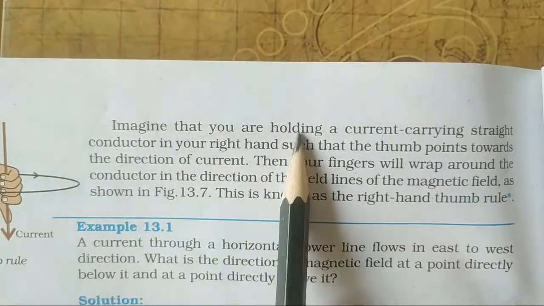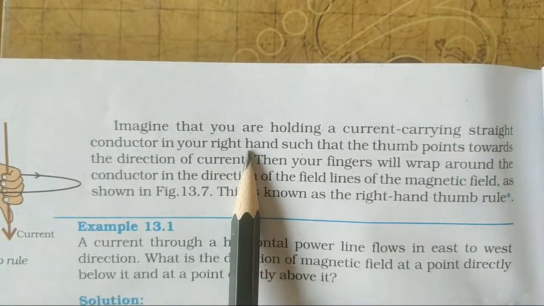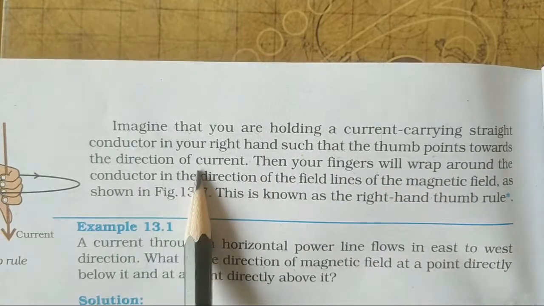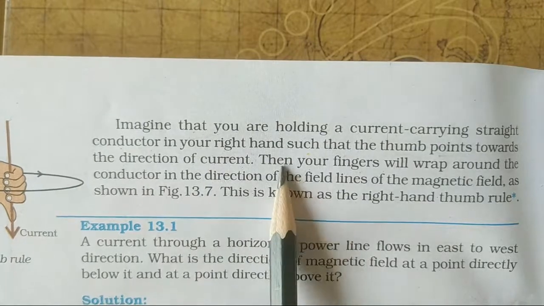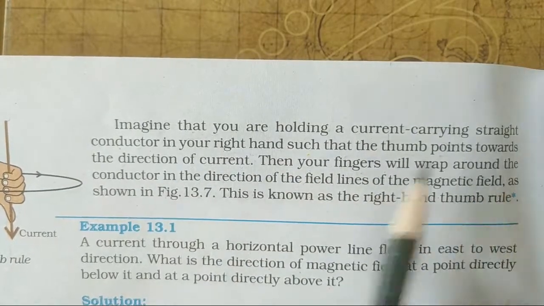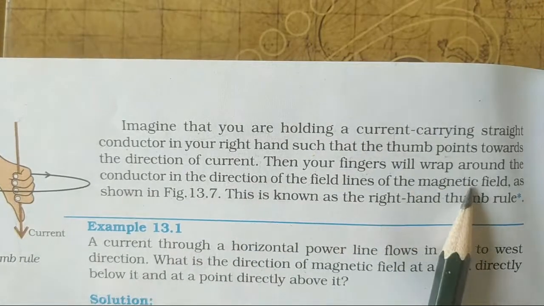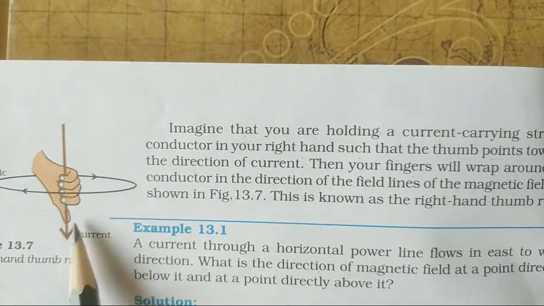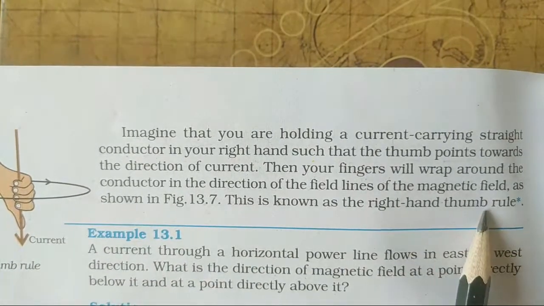Imagine that you are holding a current carrying straight conductor in your right hand such that the thumb points towards the direction of current. Then your fingers will wrap around the conductor in the direction of the field lines of the magnetic field as shown in figure 13.7. This is known as the right hand thumb rule.